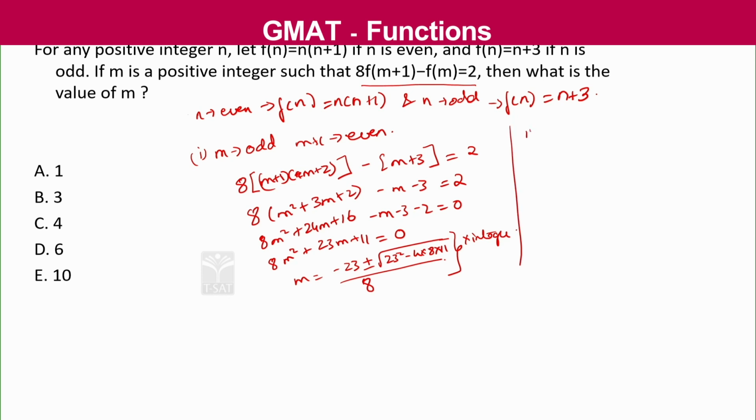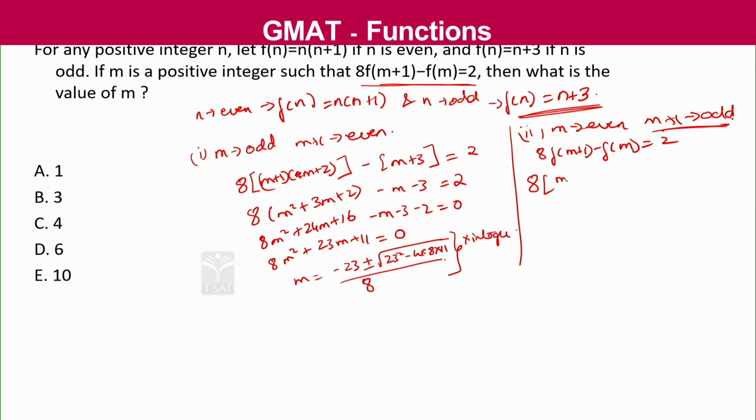So, your second option is when m is even and m + 1 is odd. In this equation, 8f(m + 1) - f(m) = 2, if you substitute, you will have 8 times f(m + 1), and m + 1 is odd, so it is n + 3.